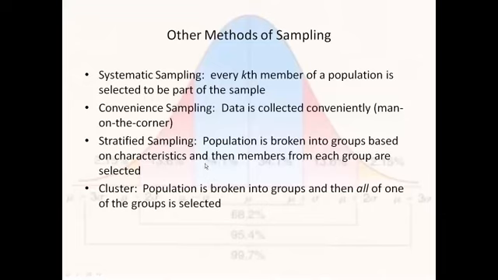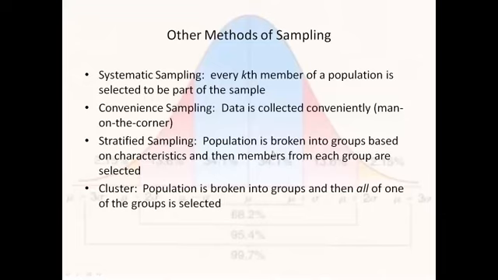All right, other methods of sampling. Now let's talk about these. Some of these are good and some of these are bad. Now there's systematic sampling. Think of it this way. If I'm trying to sample the population of the United States, and I happen to have all their Social Security numbers, so I work for the Social Security Administration, and clearly it's a pain for me to completely randomize this.